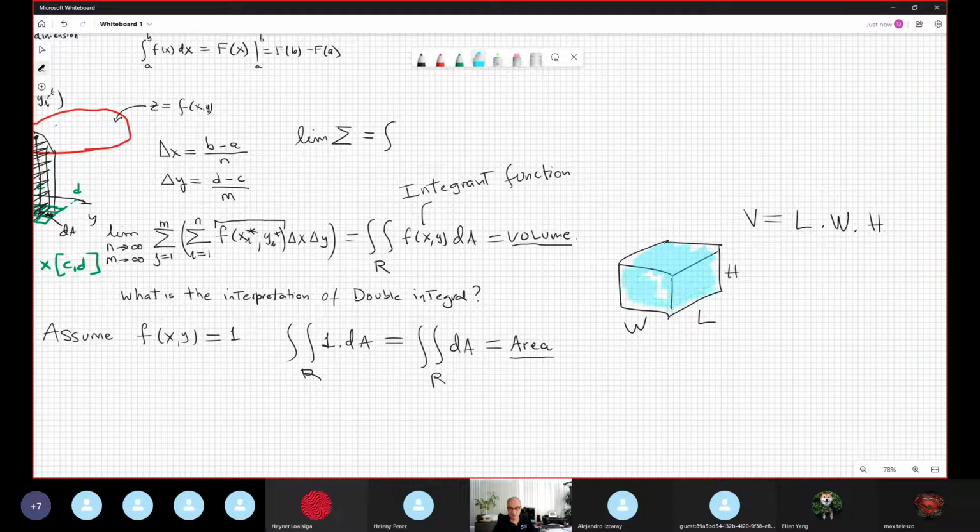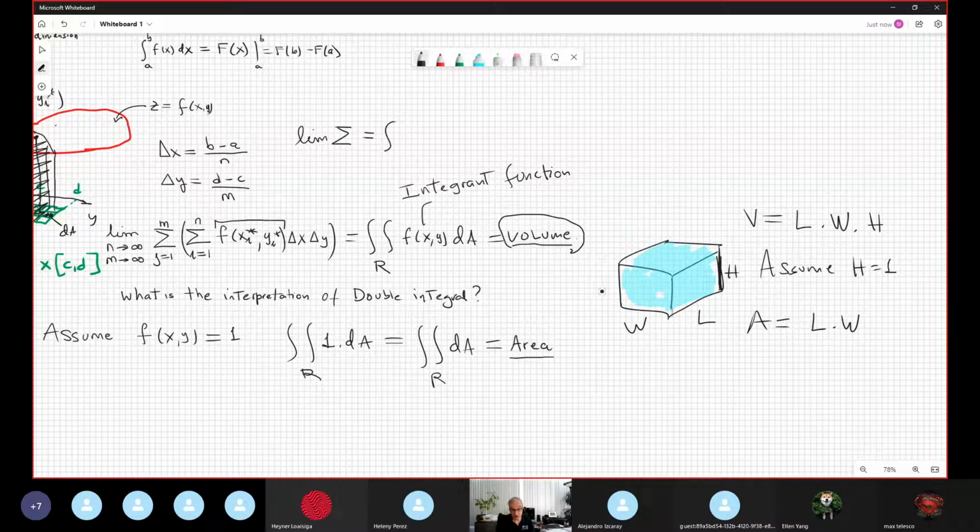However, I assume that the height is 1. Then the formula reduces to length times width. This formula I am familiar with, it's the area. So you suppose this height is 1. The conclusion is that the double integral gives me volume, but I apply one strategy in which you assume that the function is 1. Then you have the volume, which is equal to the area, because one dimension is 1.